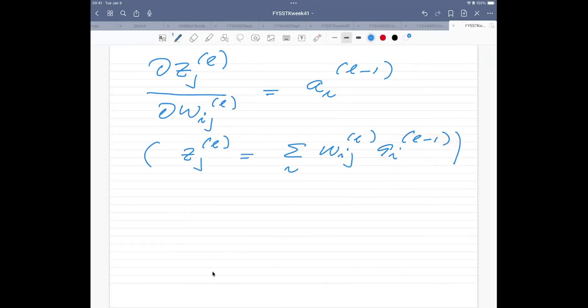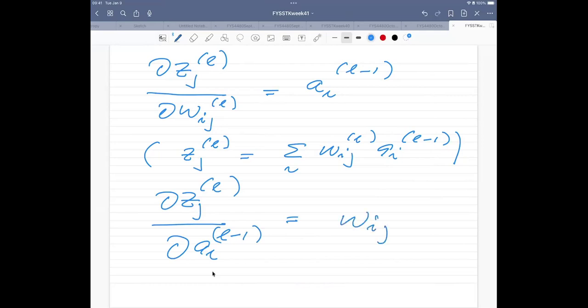This means also that if I take the derivative of dz of j with respect to dai of L minus 1, so I'm just picking out one of the terms, then this is going to be wij, this unknown parameter here.